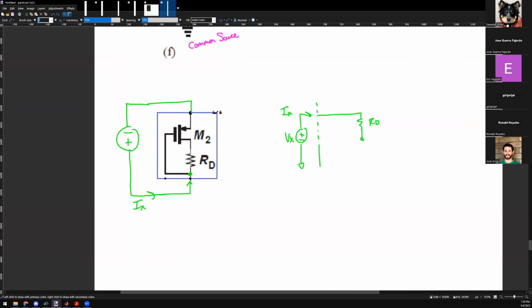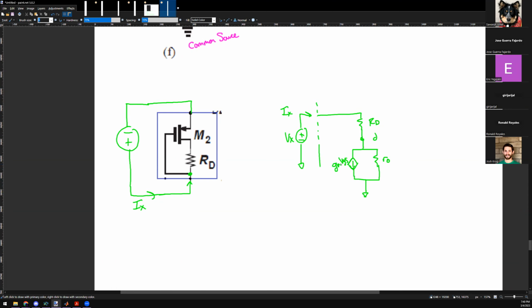And the RD is, this is now the drain. From the RD, there's an r naught here, and there's also a gm Vgs here. And then the source is grounded, so it loops all the way back around. This is a complete circuit, right?